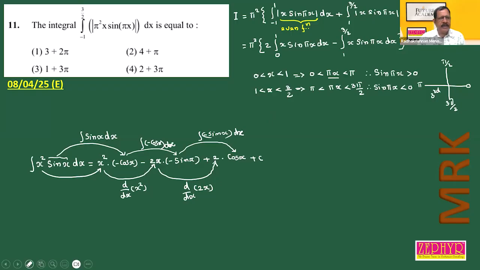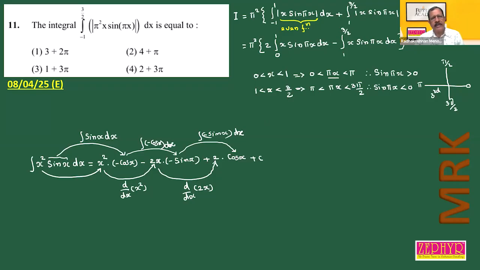Okay. So once again, I am telling the method. You have to integrate integral x squared sin x dx. So first you write x squared as it is. Now second term is integral of sin x, that is minus cos x. Now put a minus sign.